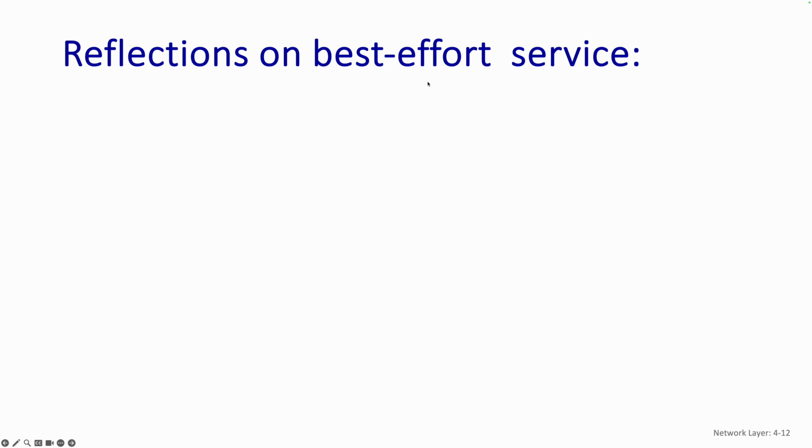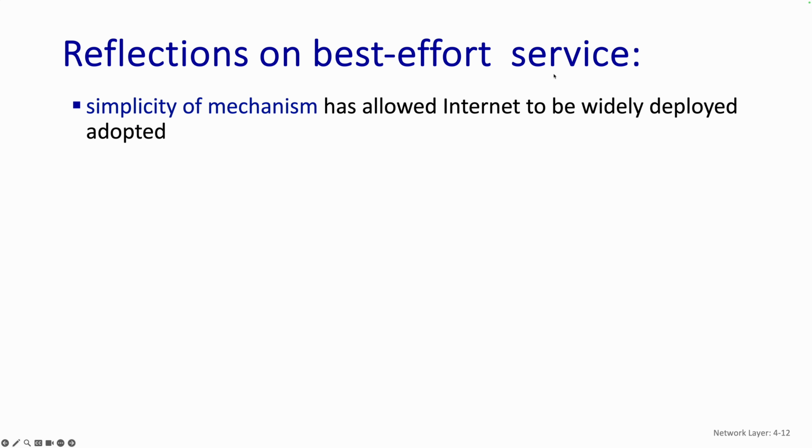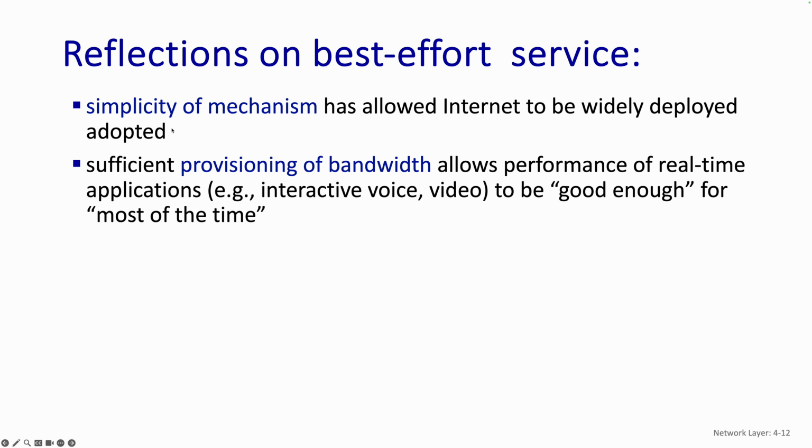So let's talk about this best effort service idea a little bit more. Why do we do that? I think the biggest reason is simplicity. Simplicity allowed the internet to grow to the scale that it has, because now we don't need to have all this heavy machinery. I don't really mean machinery, I guess I mean more like software or hardware, big buffers or whatever, or lots of acknowledgements back and forth. We can keep it really simple, and we can push all the complexity to the edge of the network.